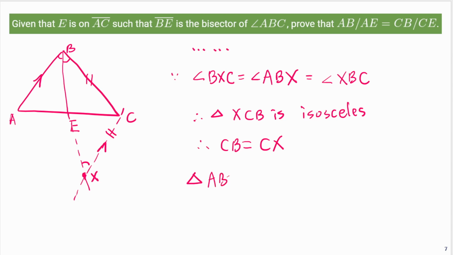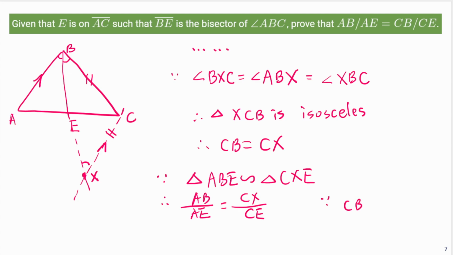Triangle ABE is similar to triangle CXE. The similarity gives us AB over AE equals CX over CE. Since CB equals CX, we have the desired ratio AB over AE equals CB over CE, right?